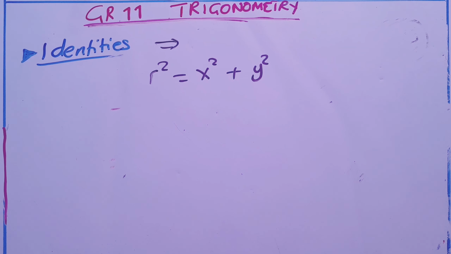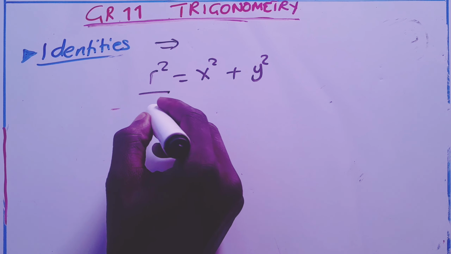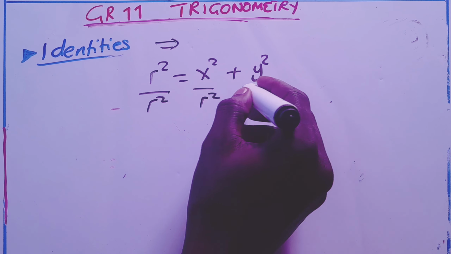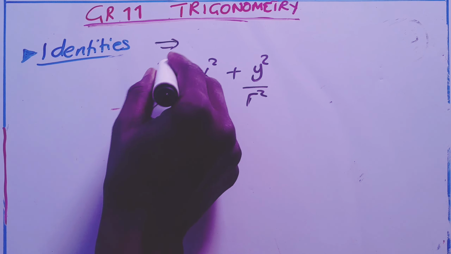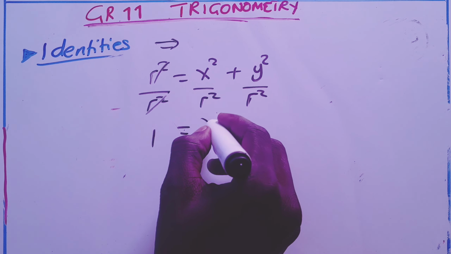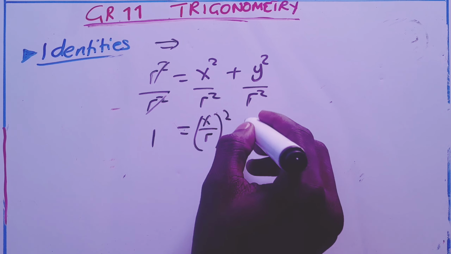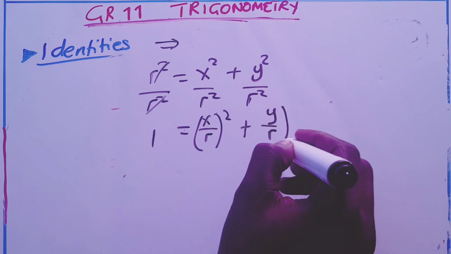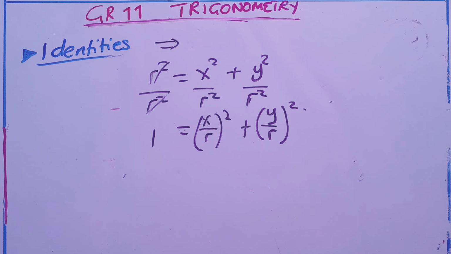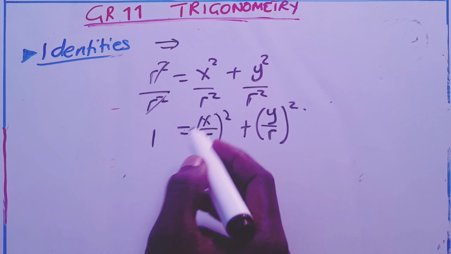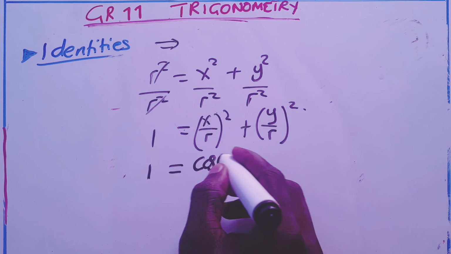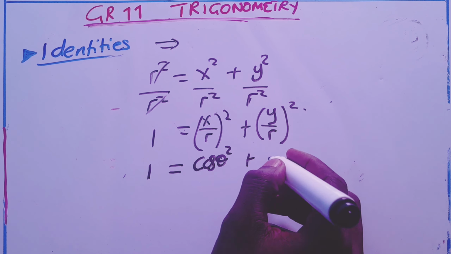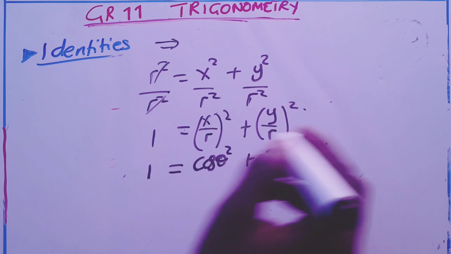So if we divide throughout by r squared, we get 1 on this side, being equal to x over r squared plus y over r squared. But we've explained already that x over r is the same as cos of theta, so this will be cos theta squared plus sine theta squared.